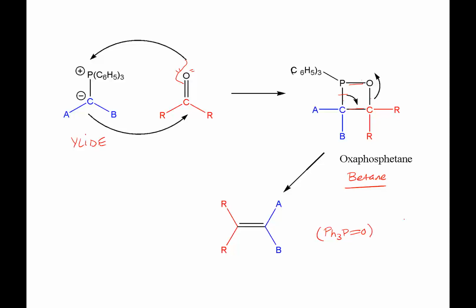And that's called triphenylphosphine oxide. It's insoluble, so it just precipitates out of solution. And now I've ended up coupling the part from the alkyl halide to the part from the ketone.